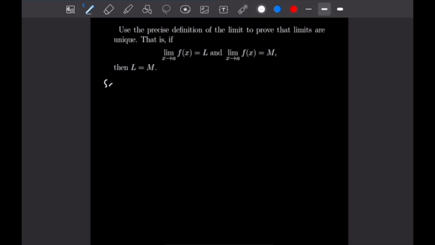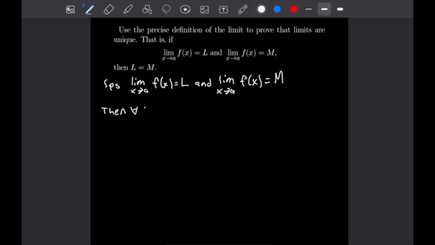So we're going to begin by supposing that the limit as x goes to a of f of x is equal to L, and that the limit as x goes to a of f of x is equal to M as well. Well, we know by using our precise definition of the limit that we have the following. So then for all epsilon greater than 0, there exists, we'll call them delta 1 and delta 2, that are both greater than 0, such that the following holds true.